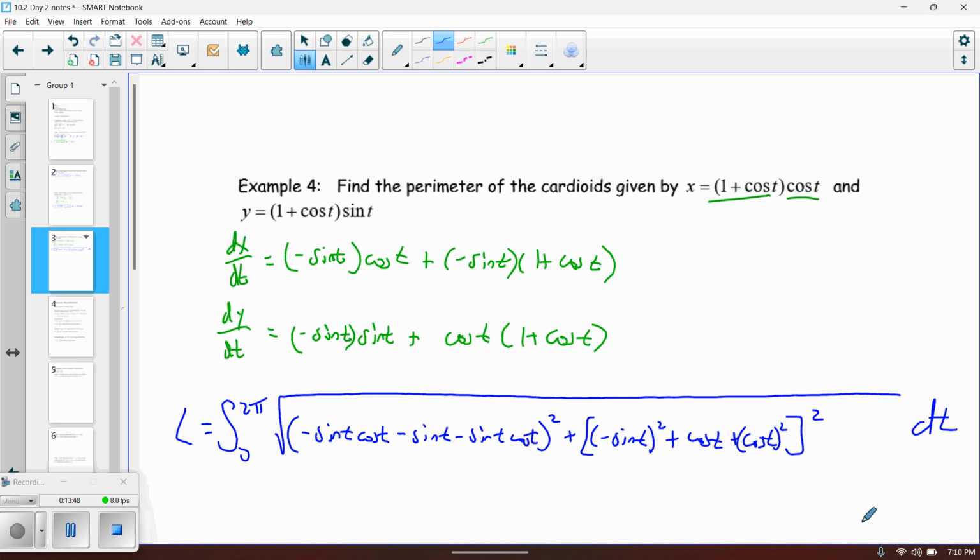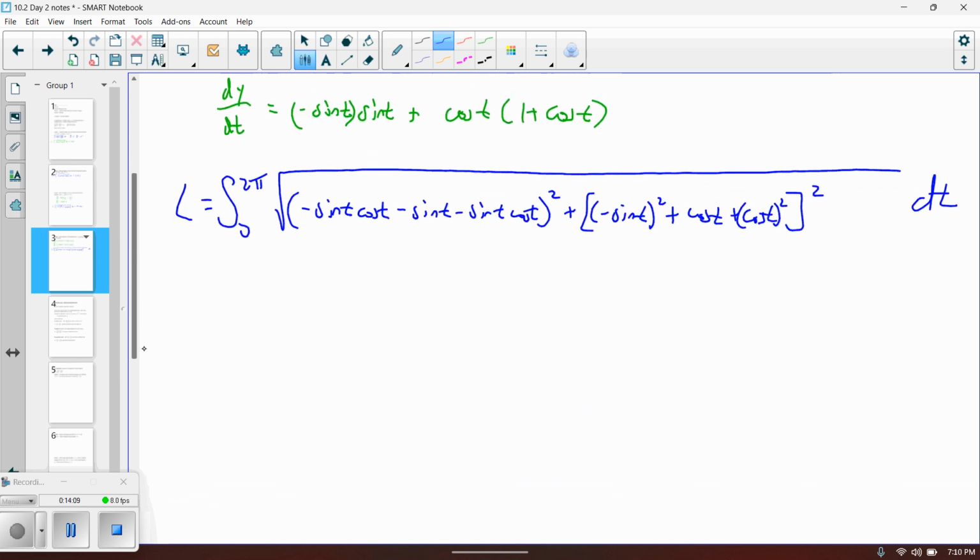The reason I said I was going to talk about this in a second is because, yes, you can simplify the stuff that's underneath there, and if you are really good with your trigonometric identities, this one actually can be done by hand. It takes a little bit. You have to have some knowledge of your identities and be able to use them correctly, but it does simplify by hand.